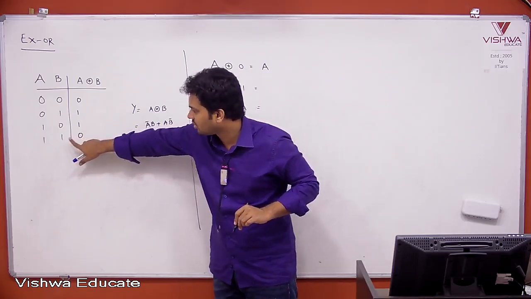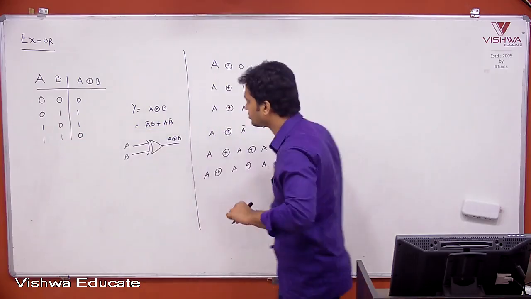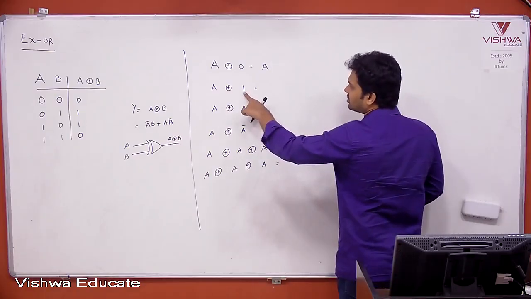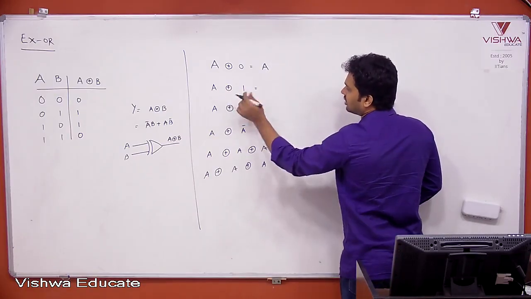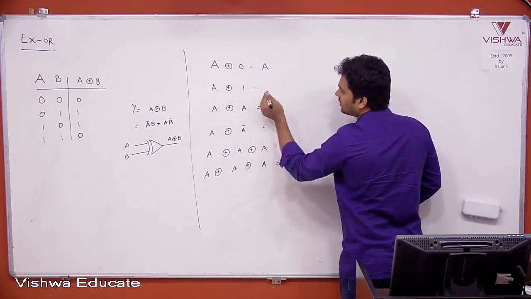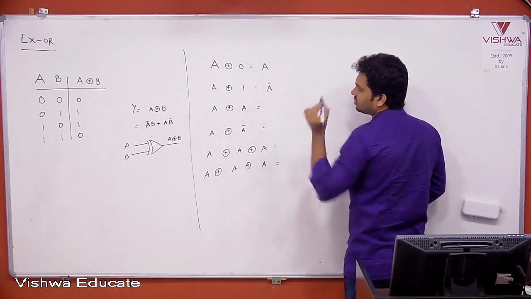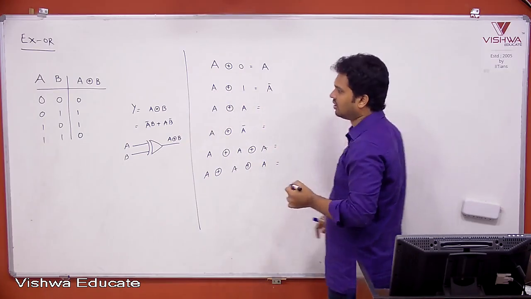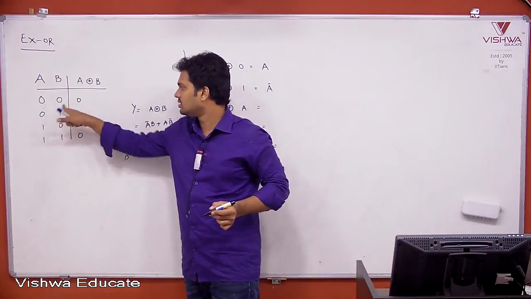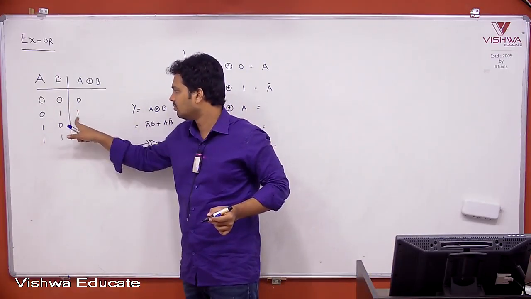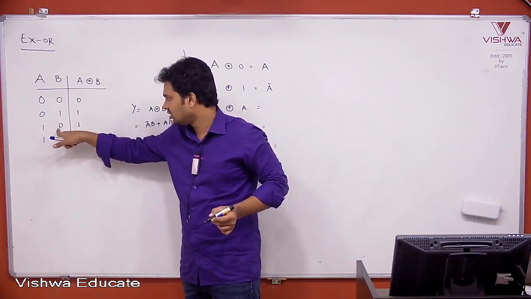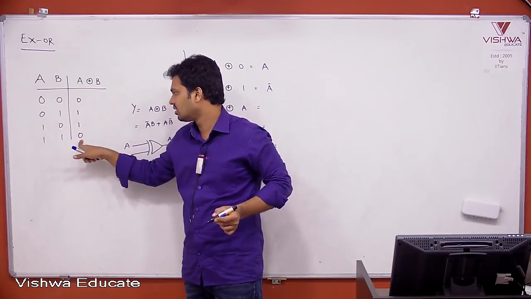Other input 1, output is inversion, 0. So if one input is 1, the output is the inversion of the other input, A bar. Yes or no? You can check. If one input is 0, the output is the same as the other input. If one input is 1, the output is the inversion of the other input.